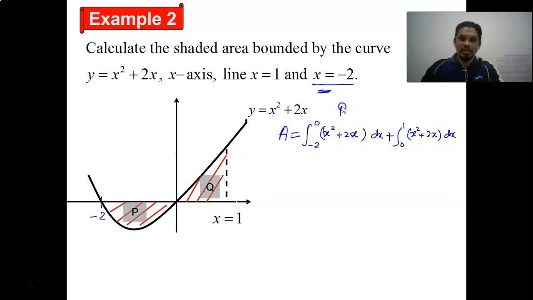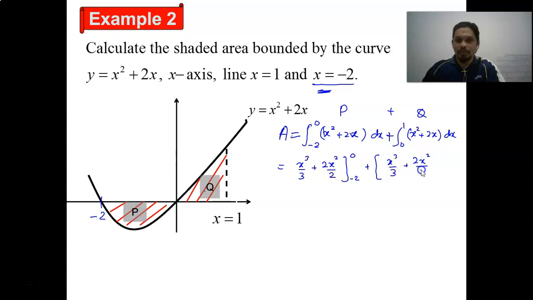So just imagine that this is P plus Q. Now the integral of this comes out as x cubed divided by 3, the integral of x squared with respect to x, plus 2x squared divided by 2, from -2 until 0, plus x cubed divided by 3 plus 2x squared divided by 2 from 0 until 1.